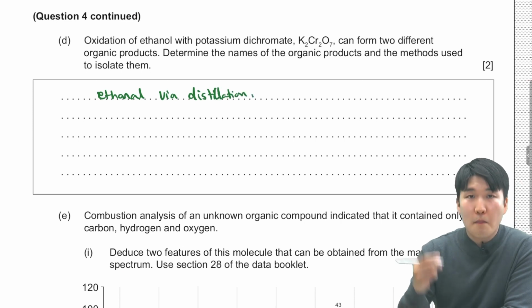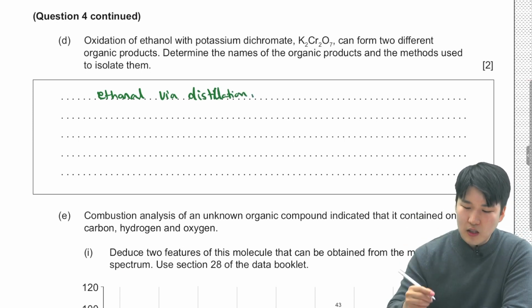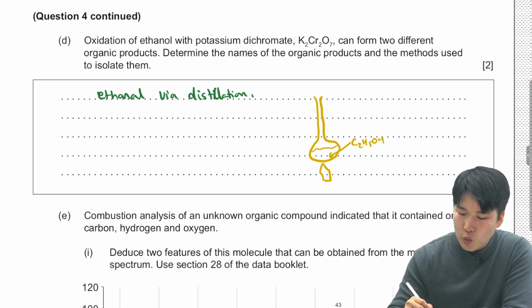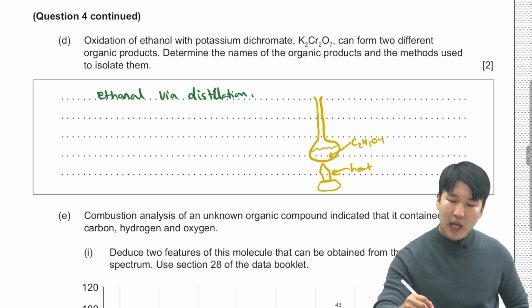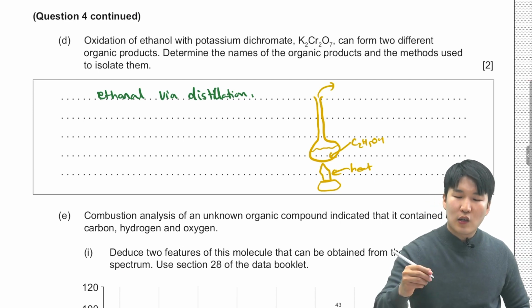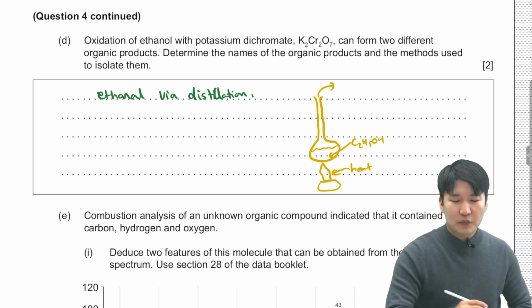And if we picture what distillation looks like, it would simply be having our ethanol boiled with heat, where the vapor leaves the flask as ethanol.